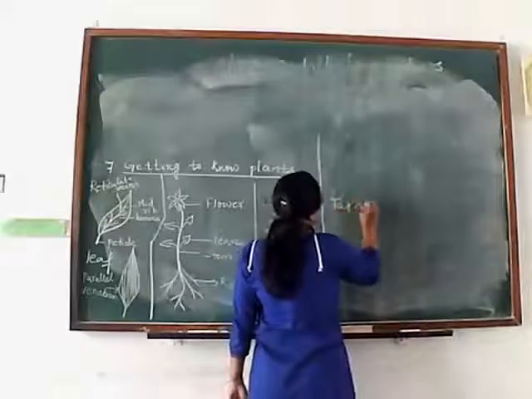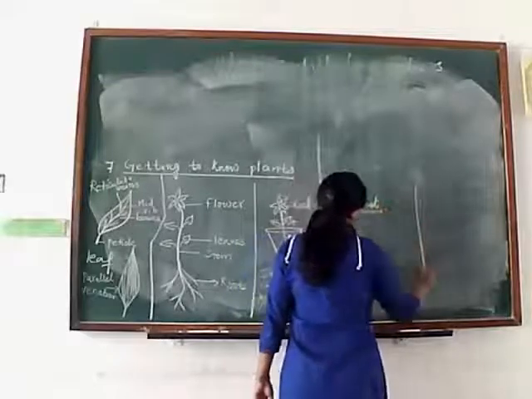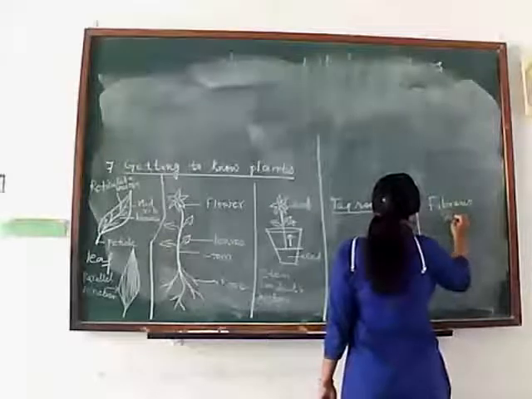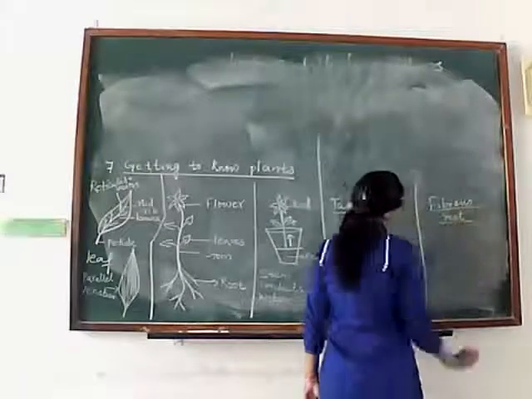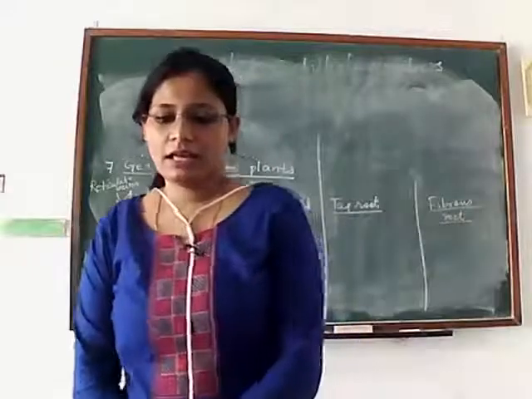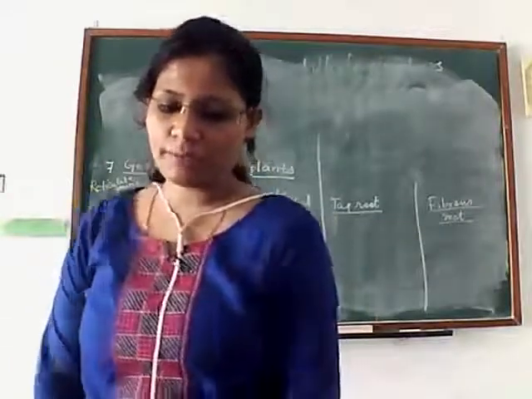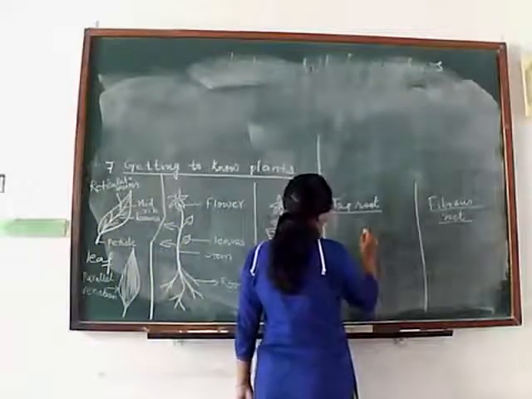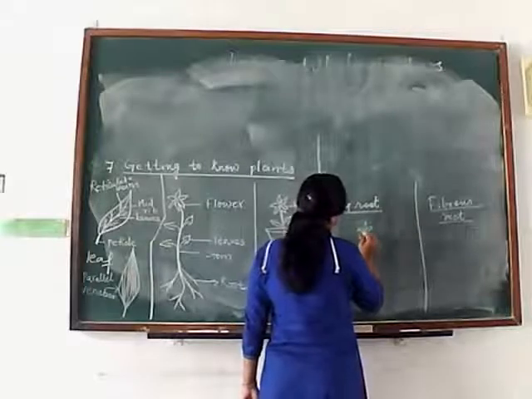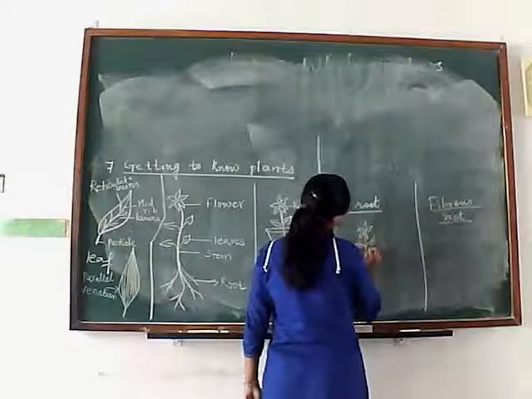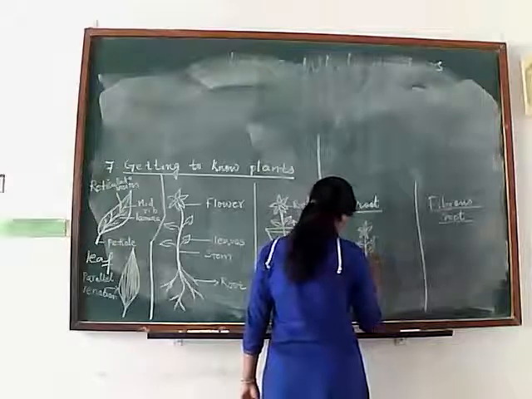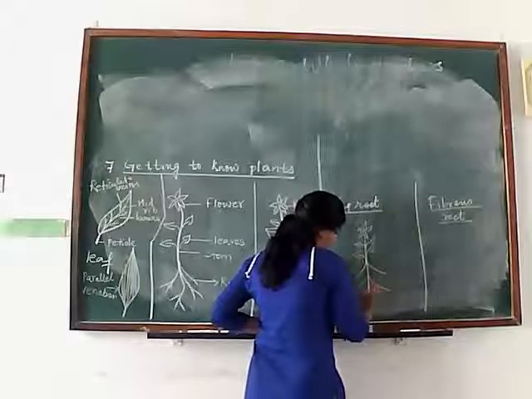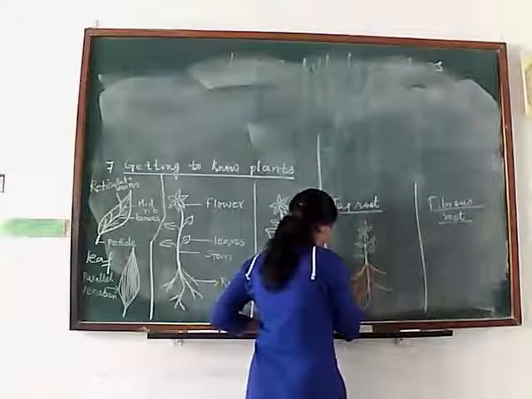Taproot and fibrous. There is only one main long root. In case of taproot system, there's only one main root and there are fine small branches.